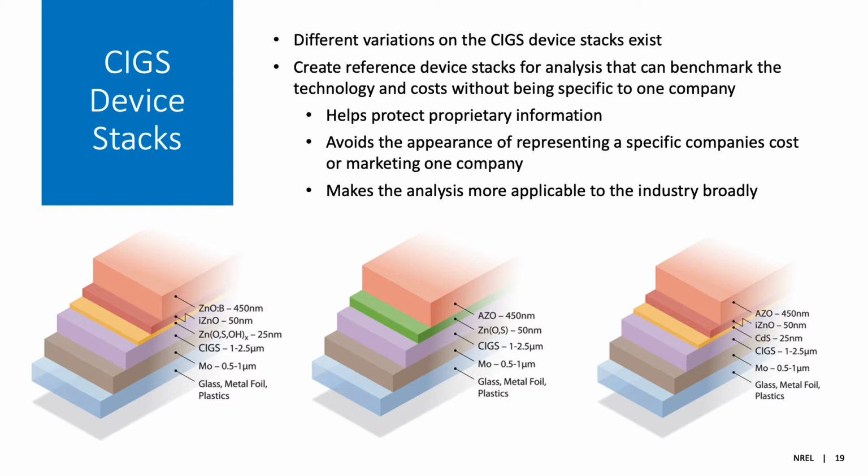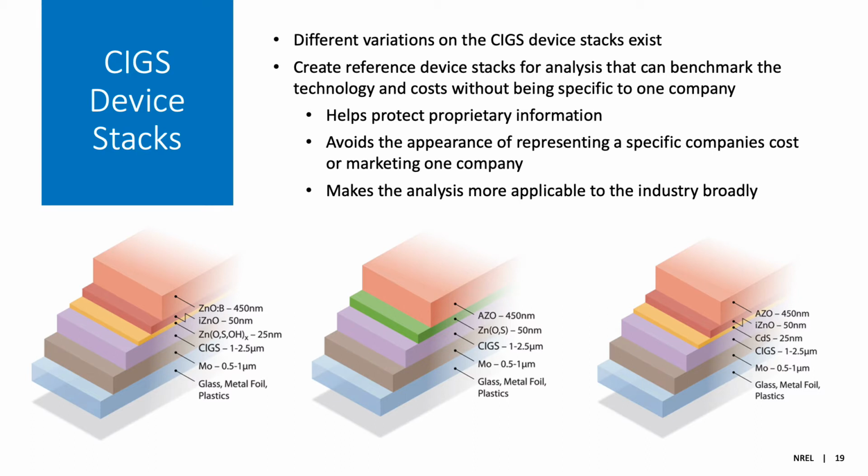So this helps protect proprietary information. It's really important that we maintain trust with the manufacturers who we collect data from and ensure that their proprietary information is kept confidential so that we can continue to have those relationships and collect the data that we need for our analysis from them.